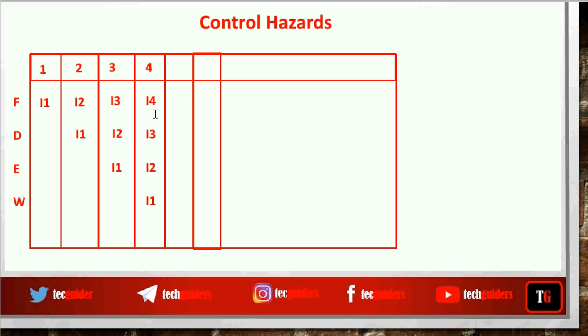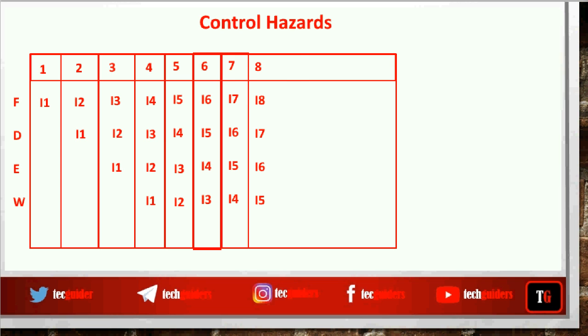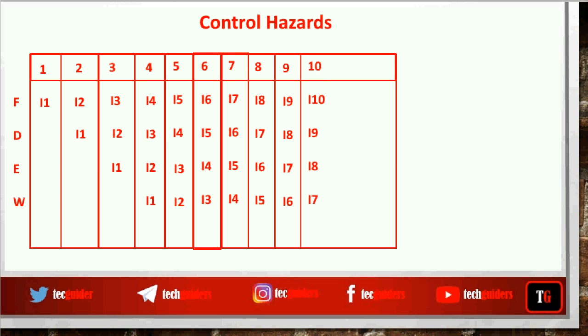We can continue with this normal sequence and we already have these instructions in our pipeline. We can continue with those instructions, hence there is no branch penalty, no wastage of CPU cycle. Each instruction can be processed out in one cycle each. The effective CPI will be maintained as 1.